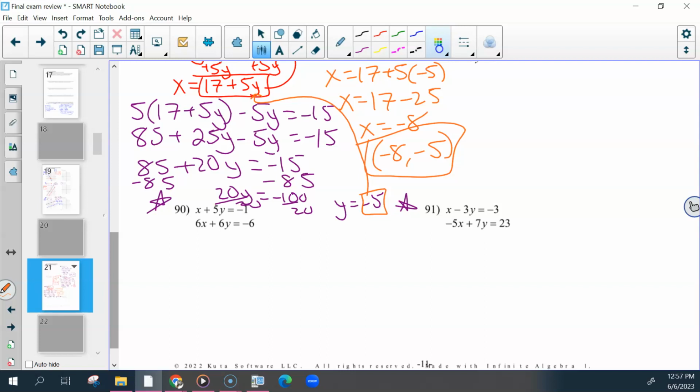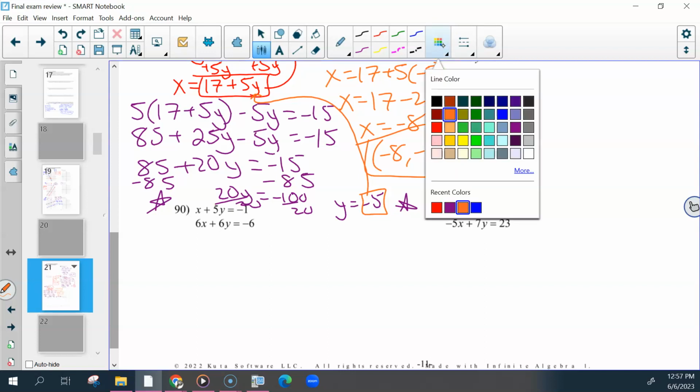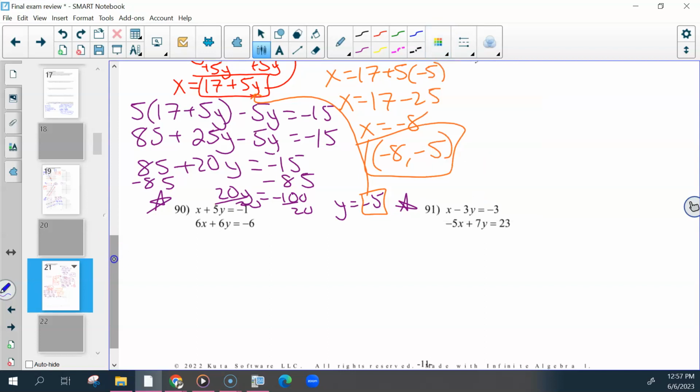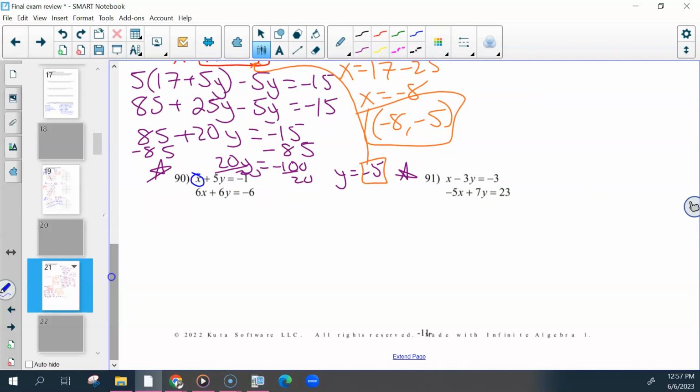90 is the same way. 90 and 91 are the same way. So find the variable that's by itself, get that by itself by subtracting 5y to the other side.